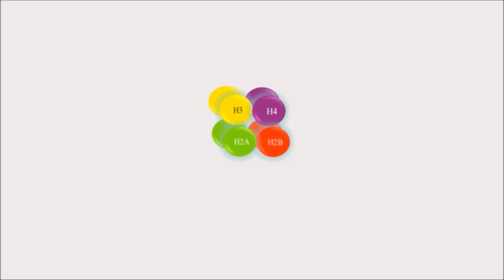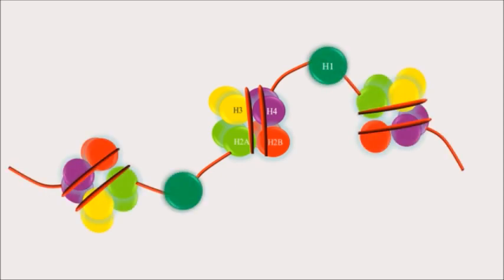In a unit of nucleosome, there is an octamer of histone proteins. It includes H3, H4, H2A, and H2B, over which 200 base pairs of DNA are arranged, but only 146 base pairs of DNA wrap around the nucleosome, while the rest are involved in linking with the other unit of nucleosome, and this is stabilized by histone protein H1, which links the two nucleosomes in a single unit.